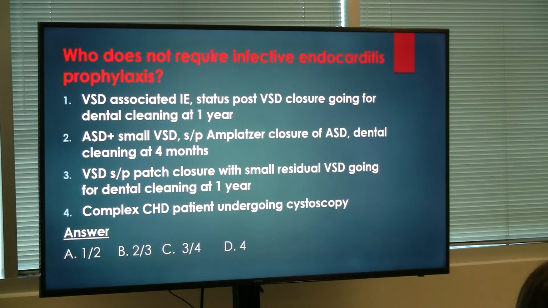Patient 3 had a VSD, got the patch closure, but unfortunately is left with a small residual VSD, going for dental cleaning at 1 year. Patient 4 is a complex CHD patient who is undergoing cystoscopy. So who does not need infective endocarditis prophylaxis? Patient 1, 2, 3, or 4? Who doesn't need one? I think that's a very reasonable question for boards, right?